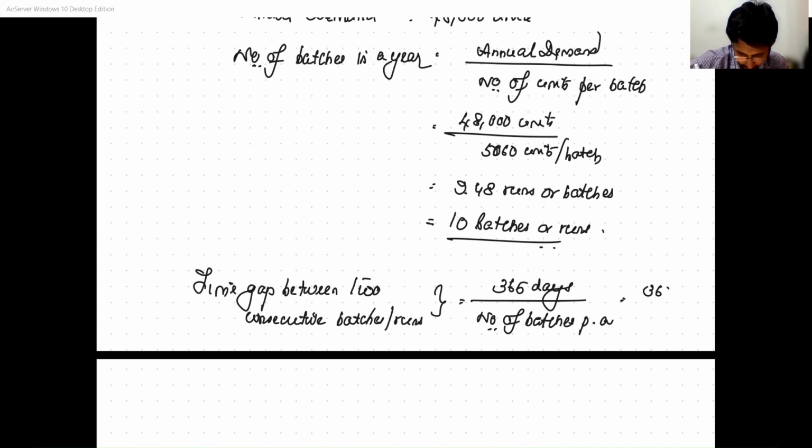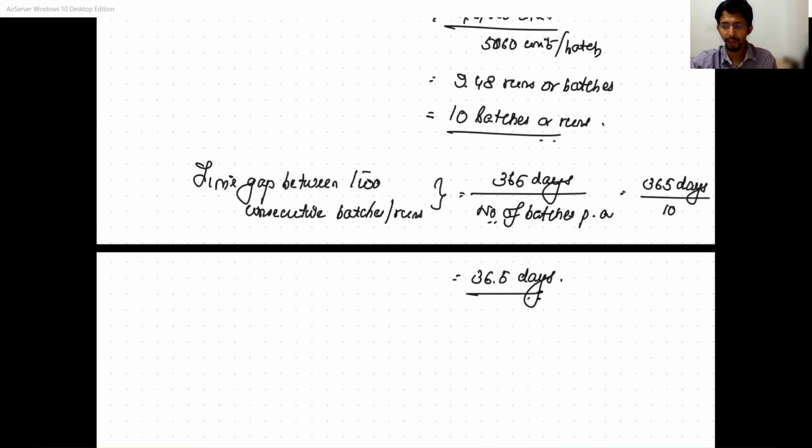That is 365 days divided by 10, and that will give you 36.5 days, which means the time gap between two batches should be 36.5 days.